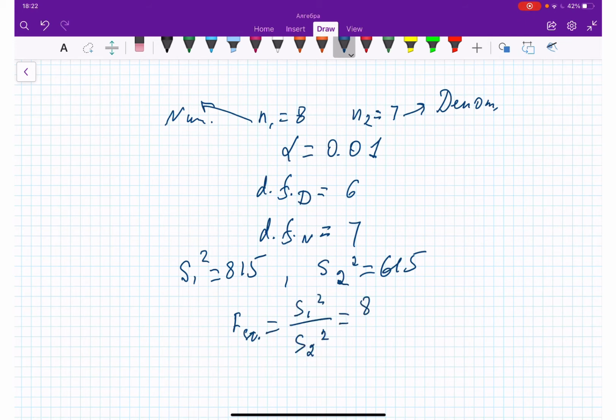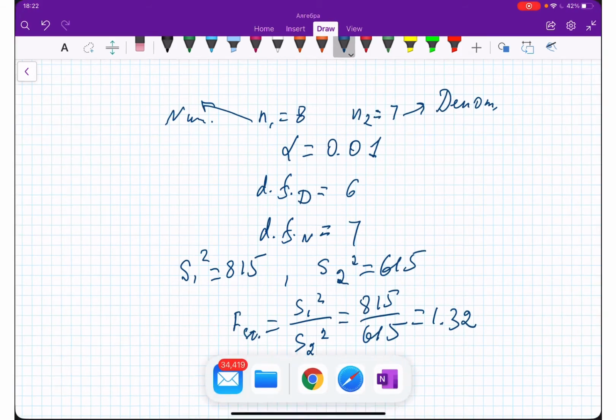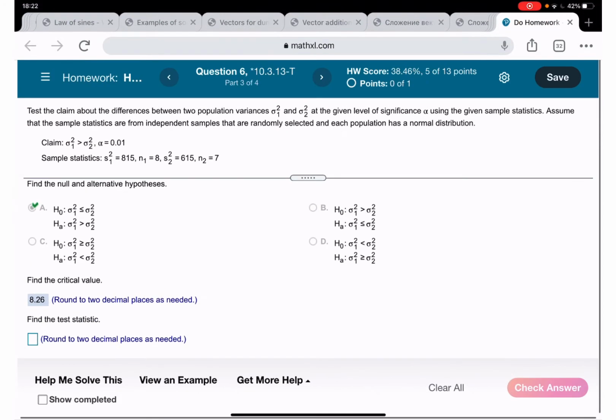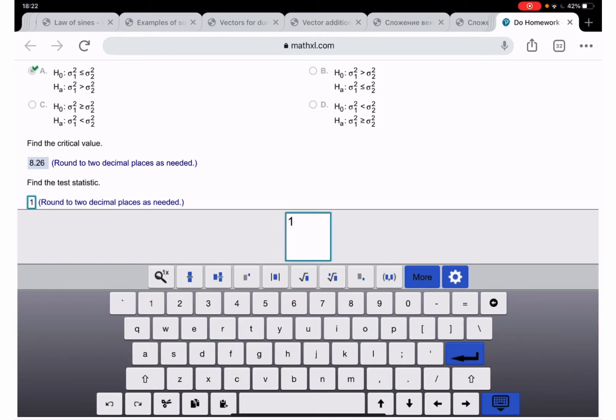Remember the lecture? 815 by 615. And if we punch the numbers, 815 divided by 615, we're getting 1.32. Let's type it in. 1.32.